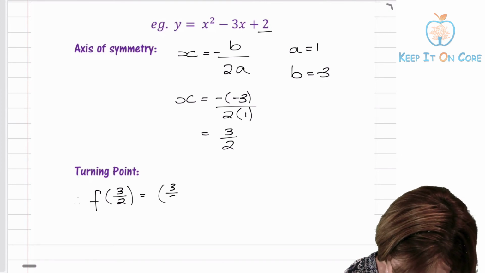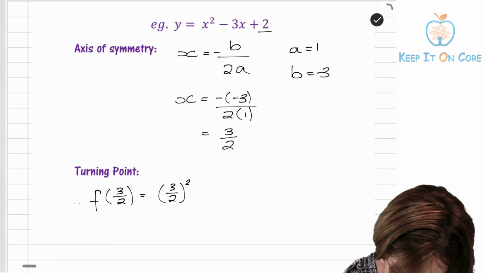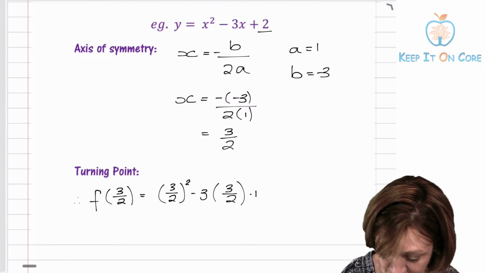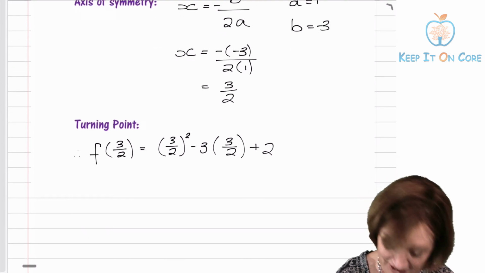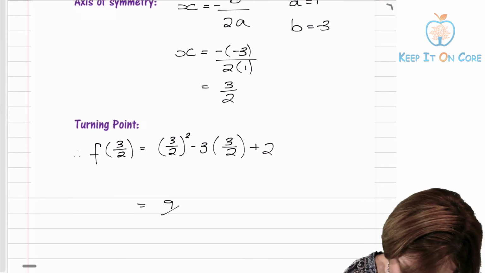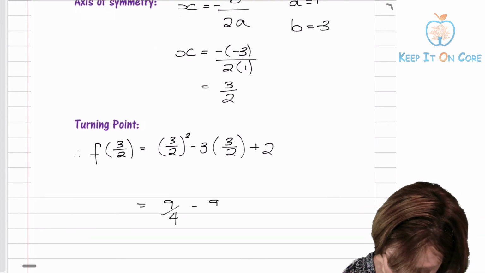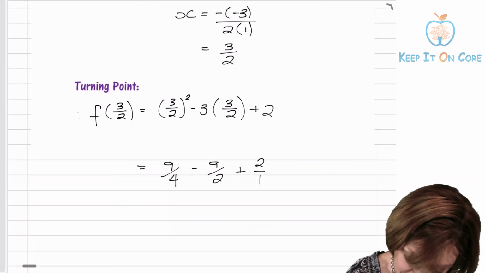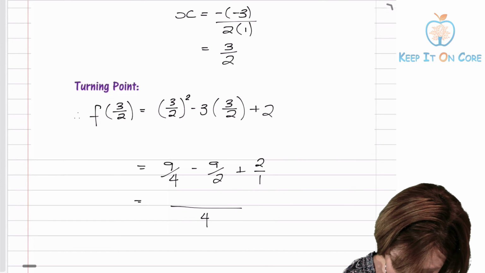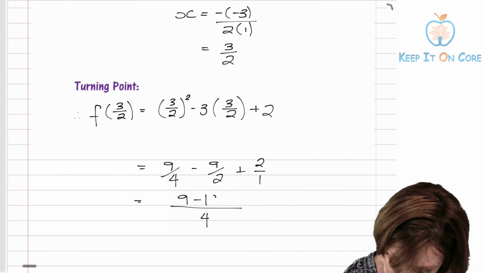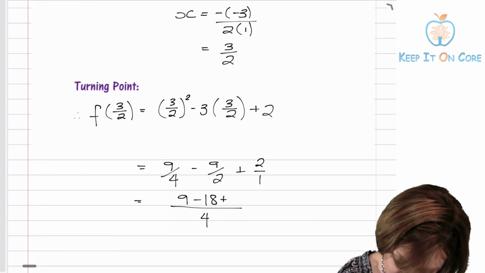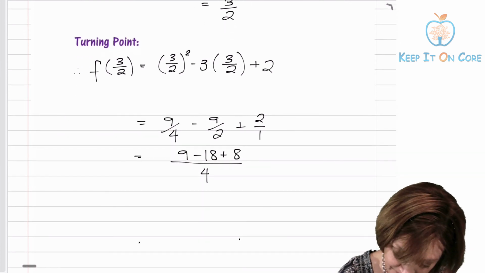So 3 over 2 squared minus 3 multiplied by 3 over 2 plus 2. Okay, a little bit of working out here. That's going to give us 9 over 4. This is giving us 9 over 2 and 2 over 1, which if we find a common denominator of 4, we've got 9 minus 18 plus, that's going to be 4 times 2, which is 8.